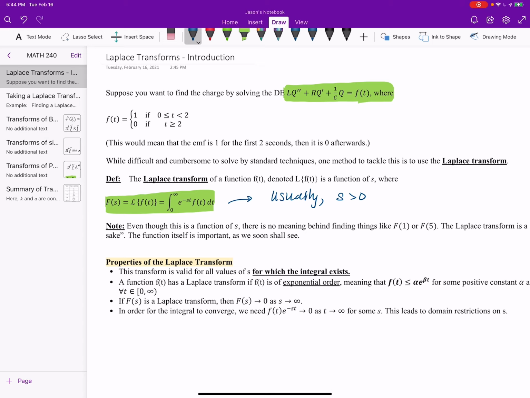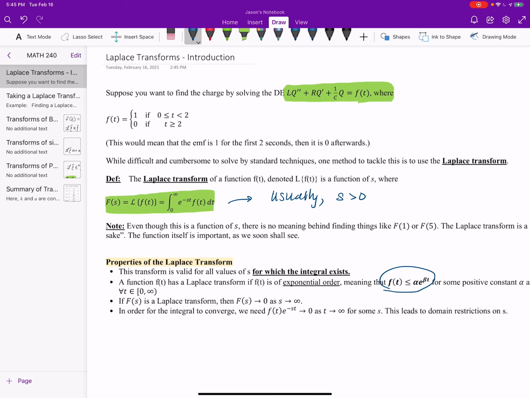You're going to realize through the end of this unit that this is a really fascinating thing and it's very useful. So some properties of the Laplace transform: you can read this, but it's basically values for all values of s for which the integral exists. So again, choosing that value of s so that the integral converges. We say that a function f of t has a Laplace transform if it's of what we call exponential order, meaning that it's bounded by some exponential function, okay?